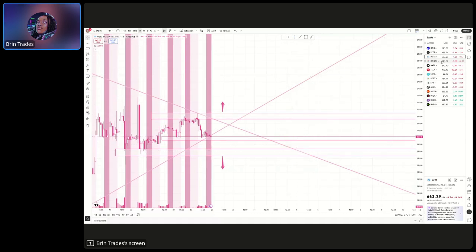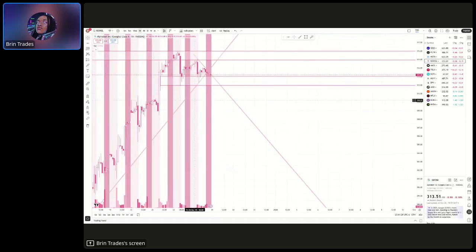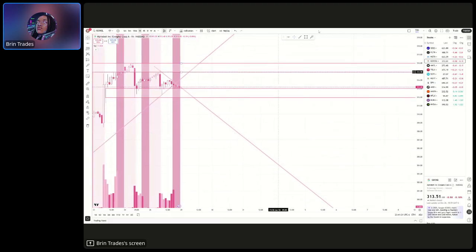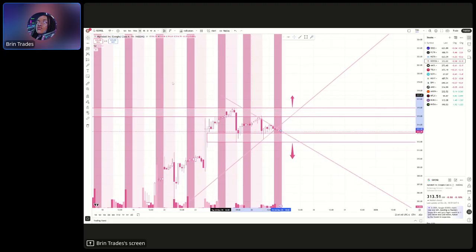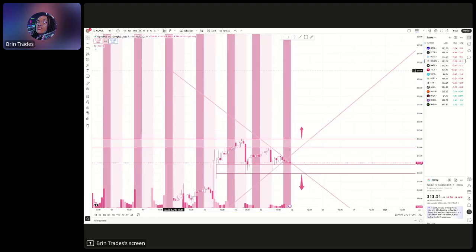And then let's go to Google. See what Google's got over here. Can look for puts below this zone and then calls above this zone. I'll make this long just to make it aesthetically pleasing.